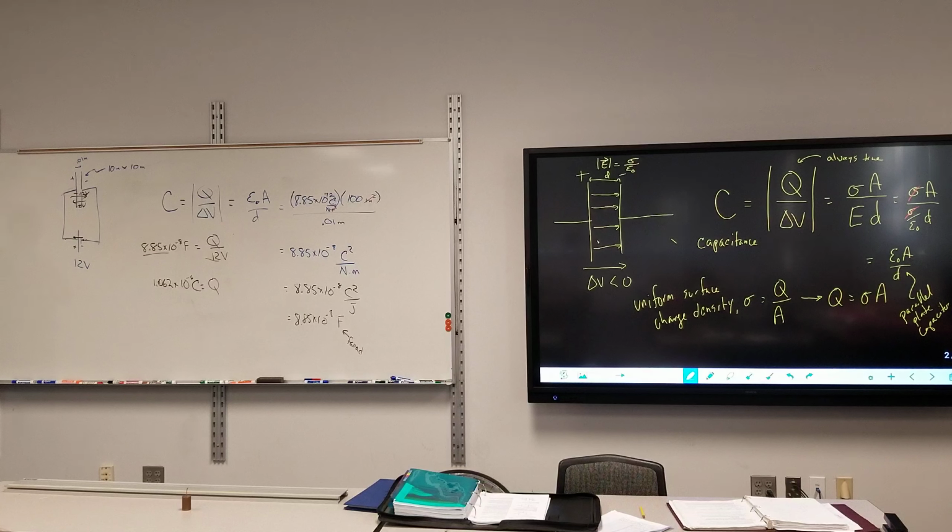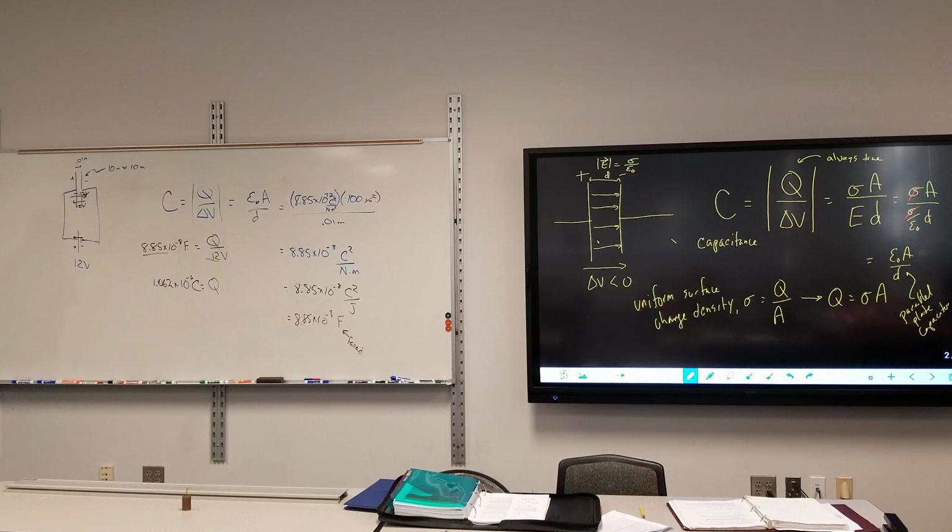If I wanted to increase the charge on the plates, what can I change? The voltage.